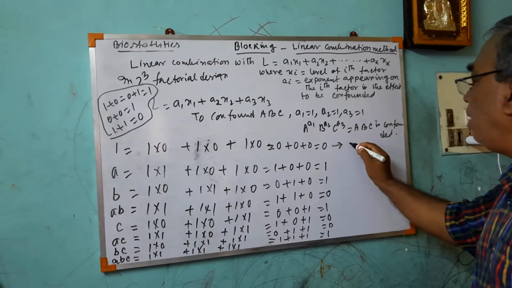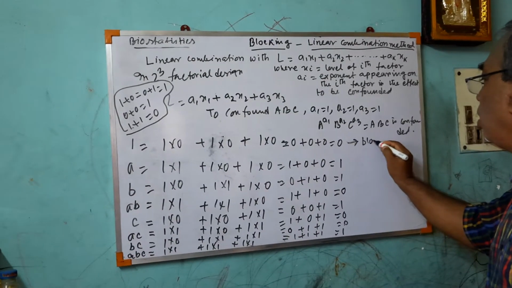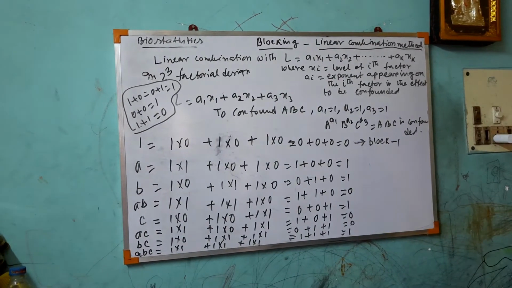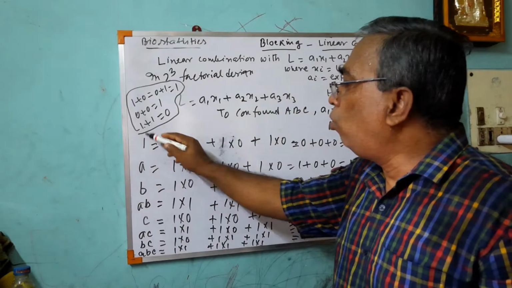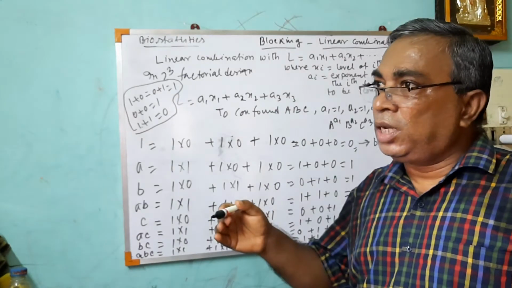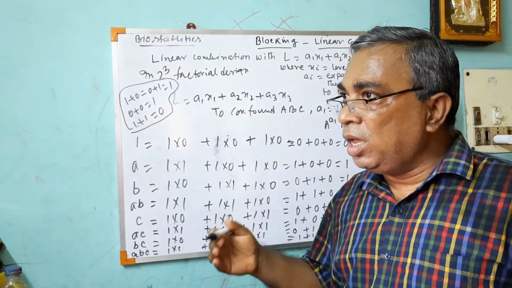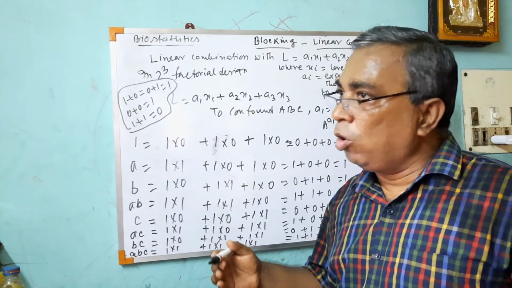This 0 I am giving this level, that is block. This is block 1, because here I am getting 0. The treatment combination 1, always you have to keep at block 1.